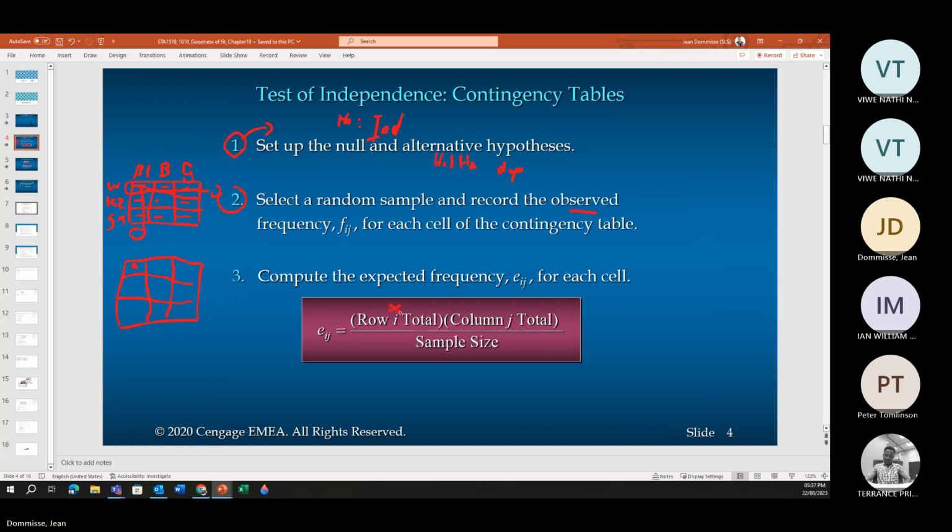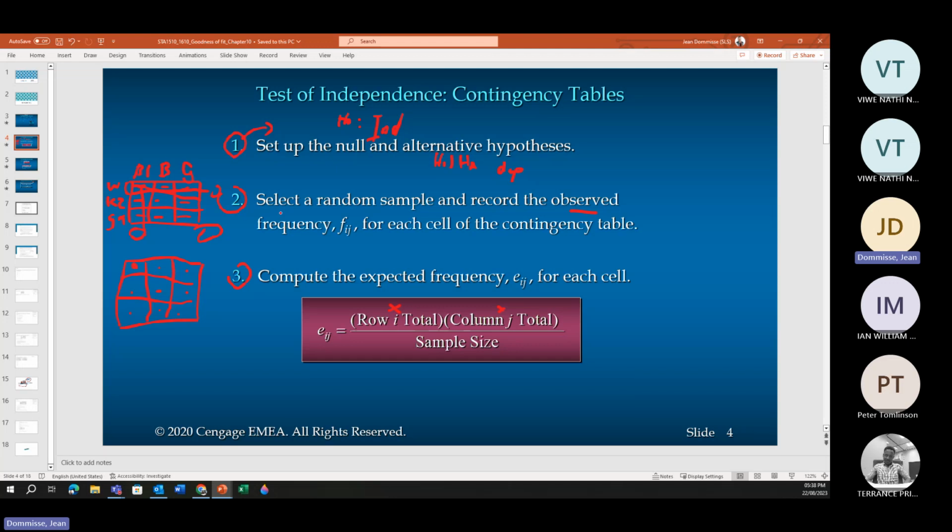So row total, column total, multiply it, and you divide it by whatever the total sample was. So, but you need to do that for all of them. So if you had a 3 by 3, there's 9 calculations that you need to make. So again, I'll show you in Excel a quicker way of doing that. So that's the first 3 steps.